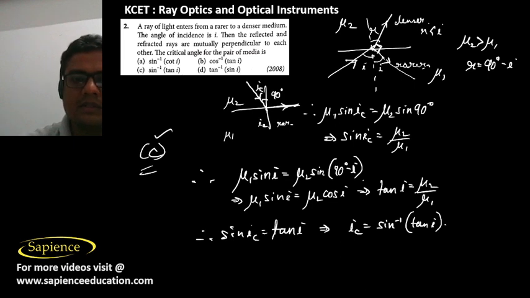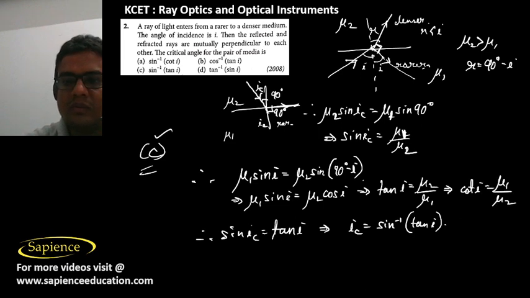This is IC and this is 90. So mu2 sine IC equals mu1 sine 90. So sine IC is mu1 by mu2. Since tan I is mu2 by mu1, cot I will be mu1 by mu2. This is cot I.